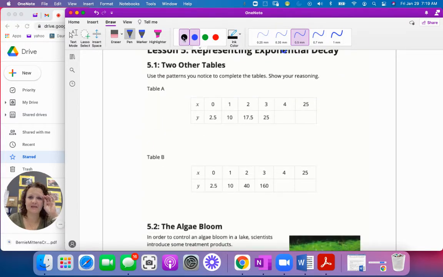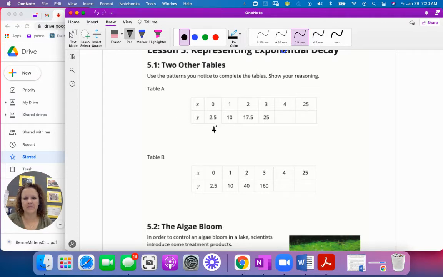So use the patterns you noticed to complete the table. Show your reasoning. So table A, 2.5, 10, 17.5, 25. It's not really doubling. Let's see, if I did differences, so I'm just going to do subtraction.